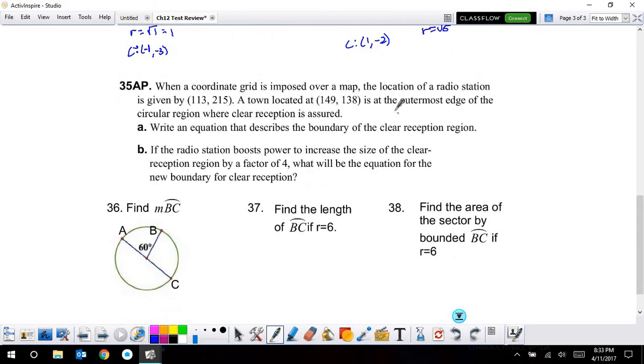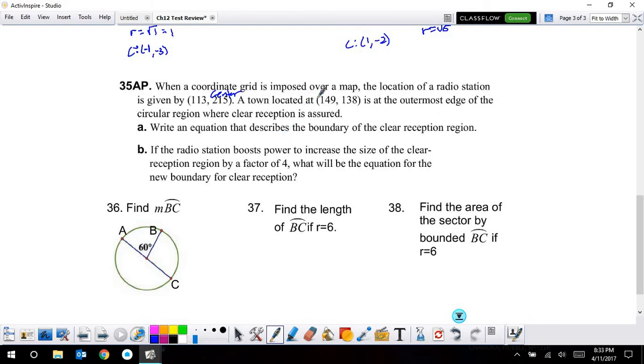35 is for the pre-AP class again. So we've got the location of the radio station. The radio station is the center, okay? Because it obviously radiates, hence radio, the noise or music from the center, from where it's actually located.